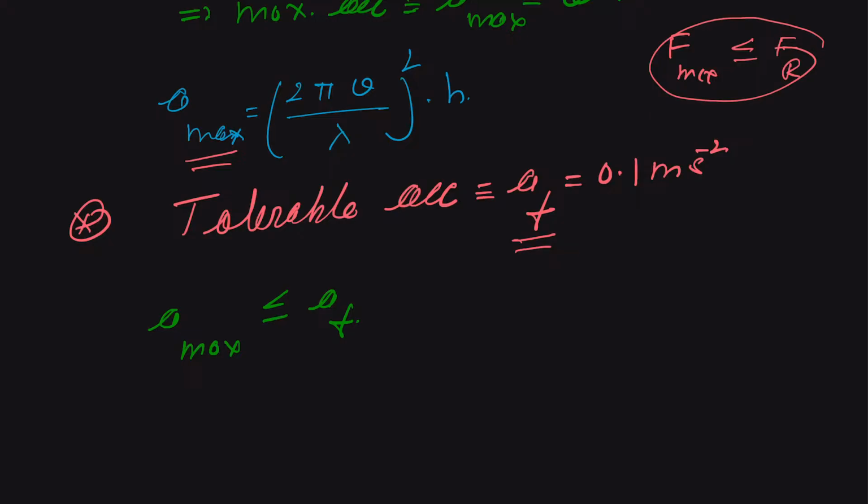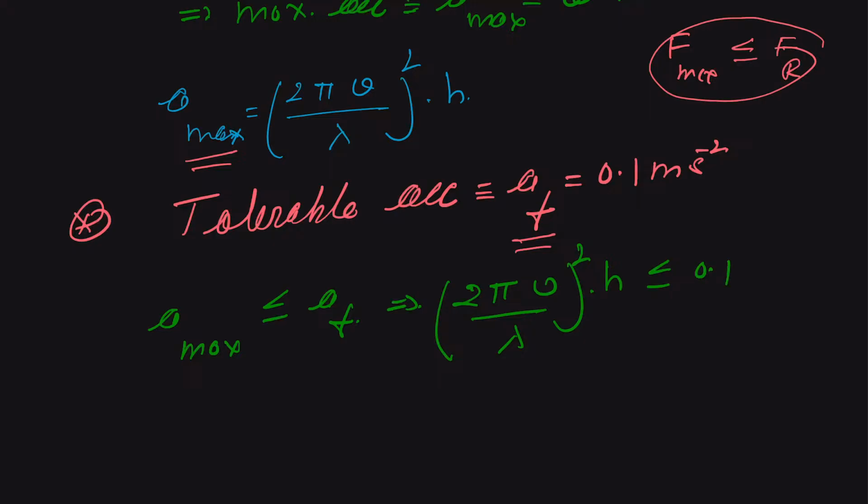Okay, and we substitute our maximum acceleration, that is 2 pi v upon lambda whole square times h, less than or equal to 0.1.